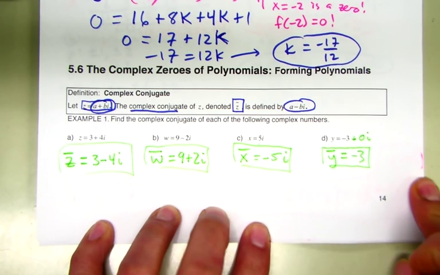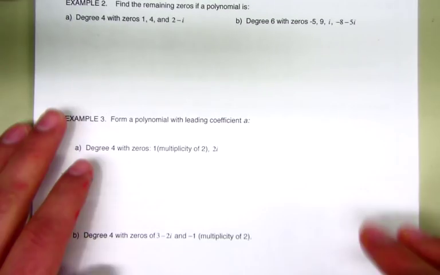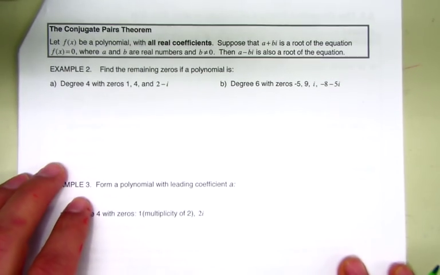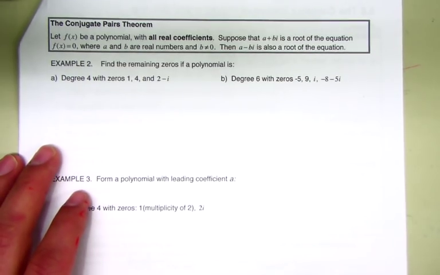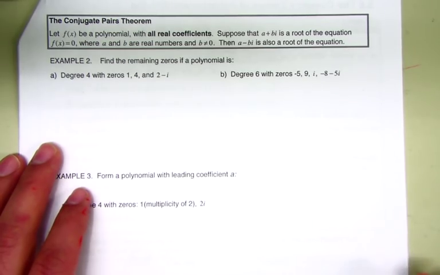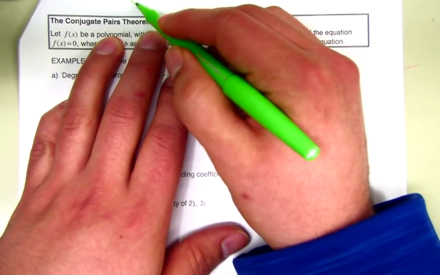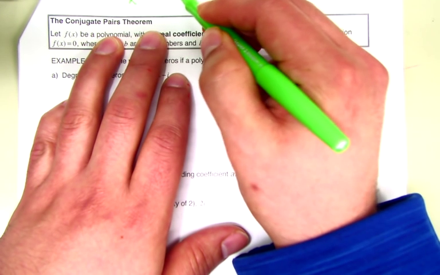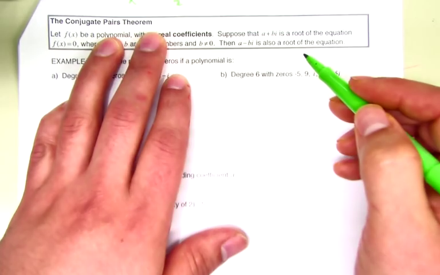All right. Turn the page. And now we have the conjugate pairs theorem. Okay? You probably noticed this already, but now we're going to formalize it. When you guys use the quadratic formula to solve quadratics, you probably noticed a lot of the times that solutions were something like x equals 1 plus or minus 3i over 2, let's say.